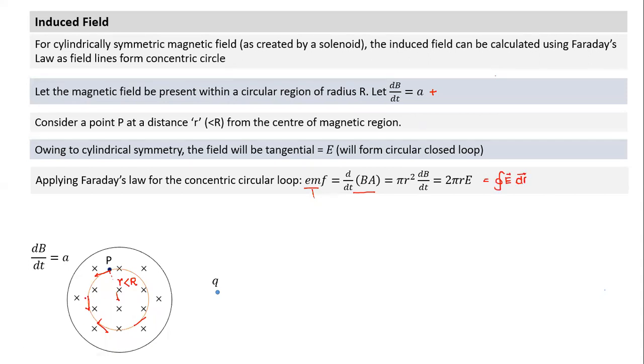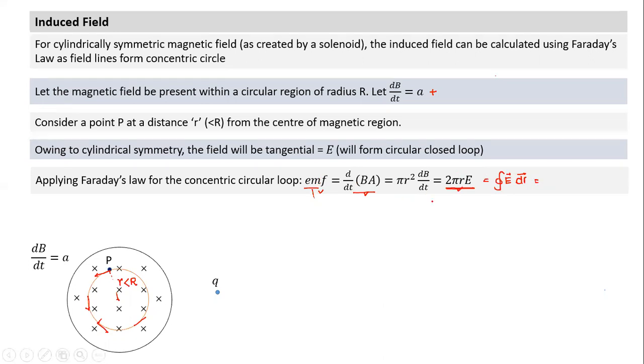Since E is constant and everywhere tangential to dl, cos theta becomes 1, so it is E into dl, which is E into 2 pi r. That's the additional thing we have here. The rest is what we already know. The only thing we have added is the concept of the induced field, and we equate the EMF to E dot dl over the loop.